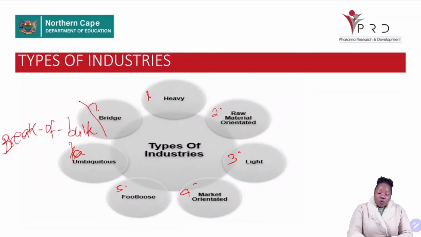So we need to compare the heavy as well as the light, because you can get a question that says compare the two. So you must know the heavy, as the word says, heavy, which means they use heavy equipment or heavy machines. And they are also heavy on pollution, which means they pollute more.